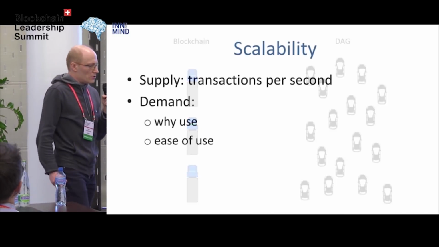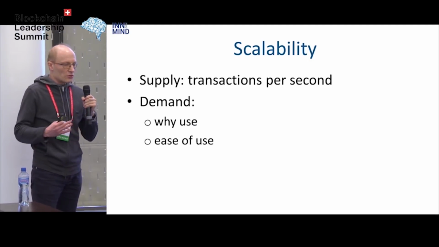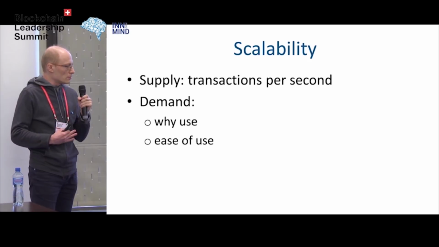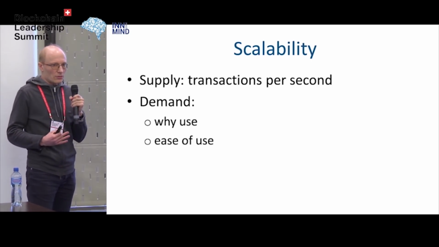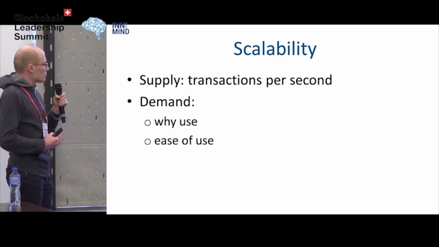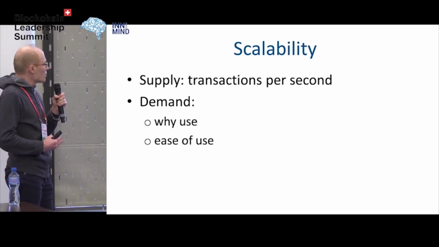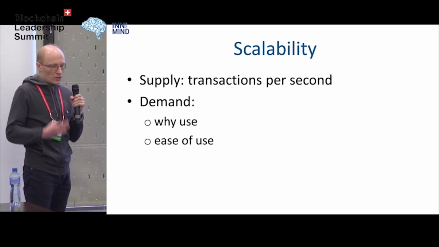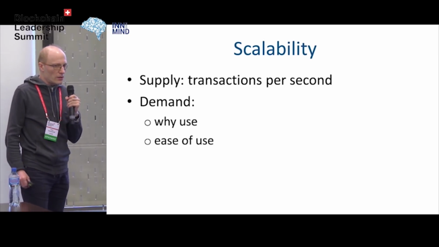This is about scalability, and this adaptation to the increasing demand. There are two sides of scalability: supply and demand. And as I said, in the DAG, we can put more transactions per second because the DAG can get wider.